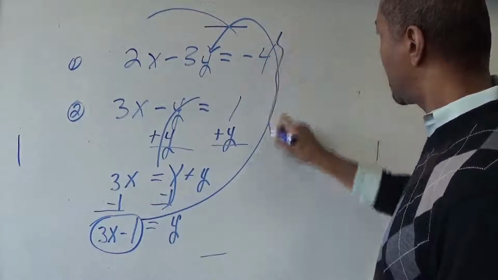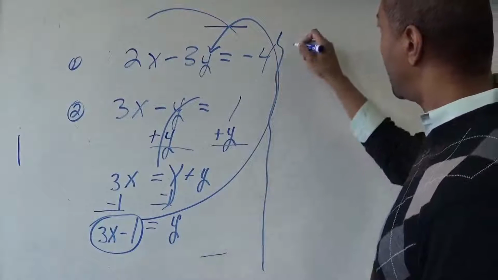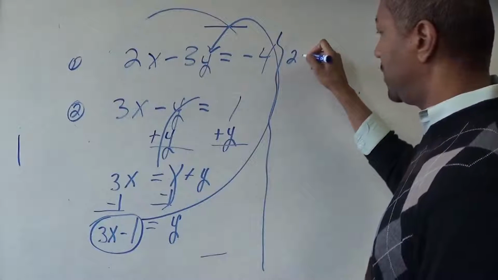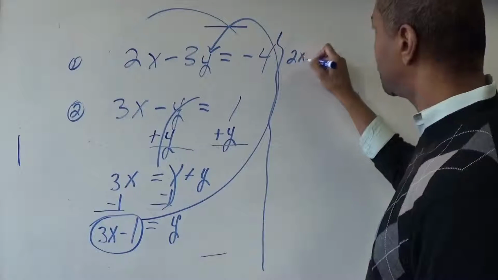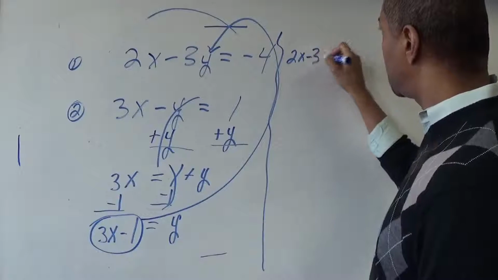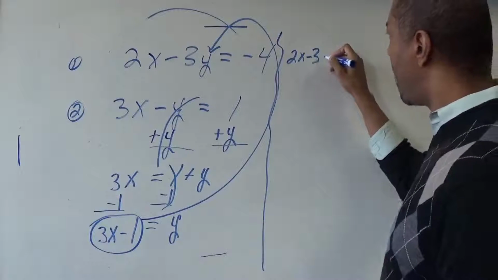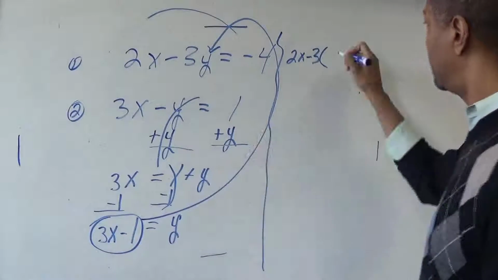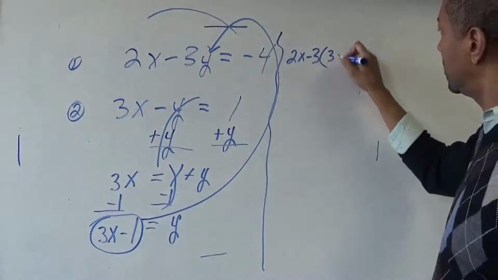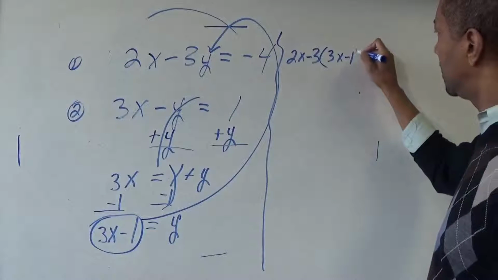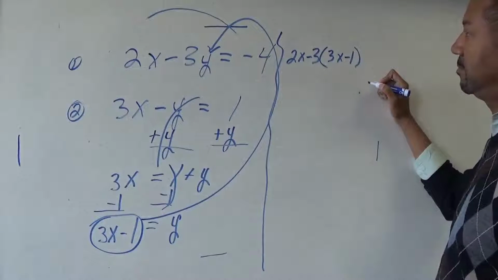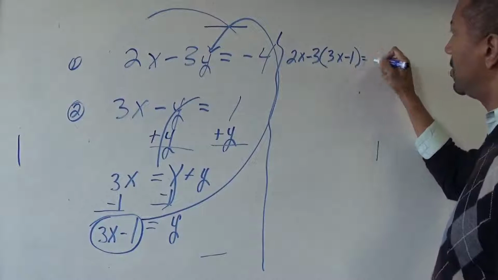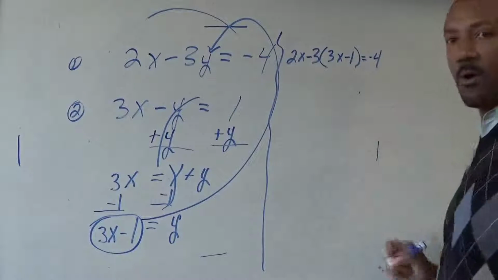So draw a little dividing line here. We'll have 2x minus 3y, but instead of y, I'm going to substitute 3x minus 1. And that's going to equal -4.